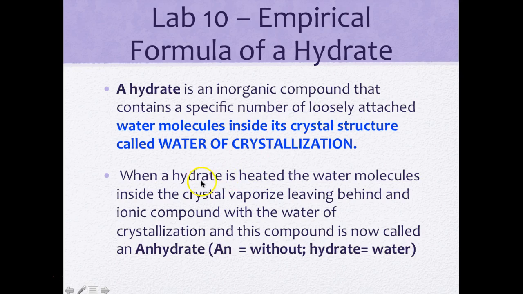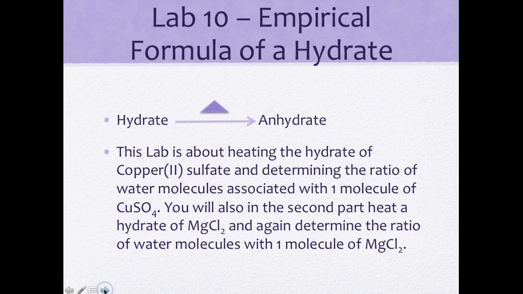When the hydrate is heated, those water molecules get separated, and the water vaporizes, leaving behind the ionic compound without the water of crystallization. This compound without the water is called the anhydrate. So if you take a hydrate and heat it, this is the symbol for heat, you get anhydrate.